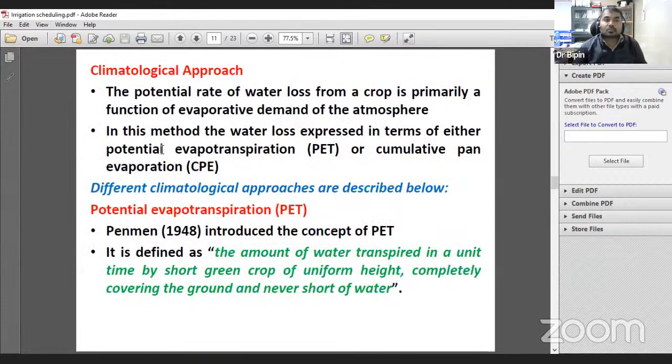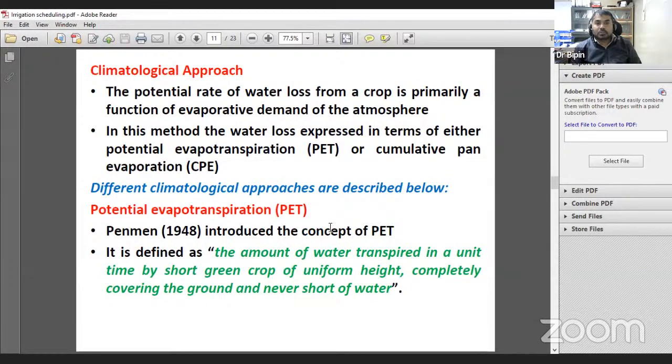Now we can assess through the climatological approach. In the climatological approach, I told you different formulas and data are required. The potential rate of water loss from a crop is primarily a function of the evaporative demand of transpiration. In this method, the water losses are expressed in terms of either potential evapotranspiration or cumulative pan evaporation. Different climatological approaches are described below.